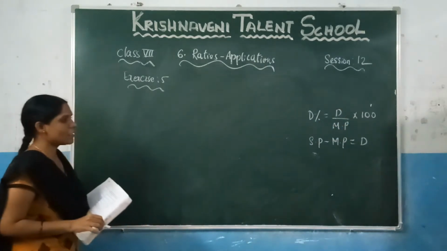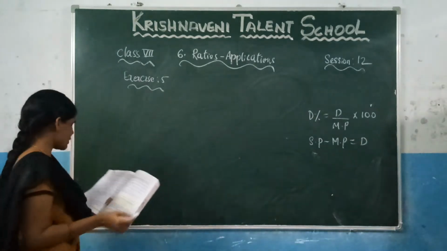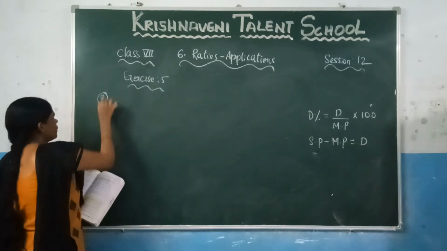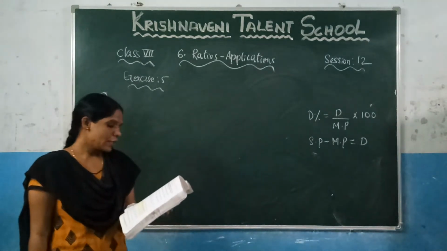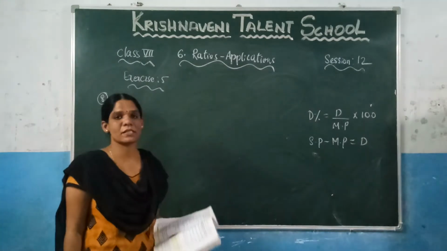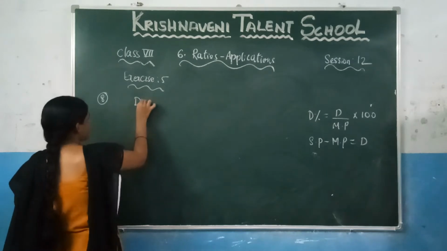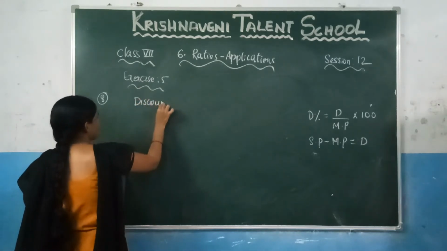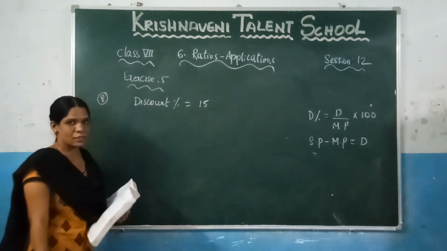Now let us see which formula you need to apply in this problem based on the given question. Which is the 8th question. What is the question given here? A carpenter allows 15% discount on his goods. So they have given here the discount percentage, which is 15%, right?